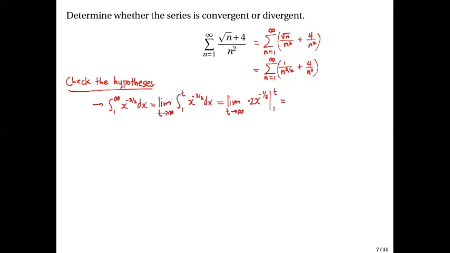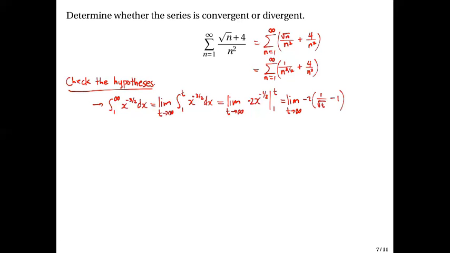So this is the limit as t approaches plus infinity of negative 2 times 1 over square root of t, that's t raised to 1/2. And this is negative, so it will go down. And then at 1, you have minus 1.